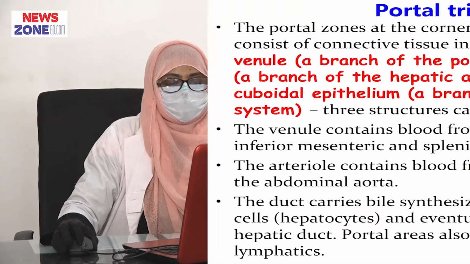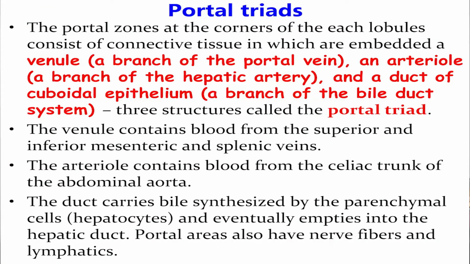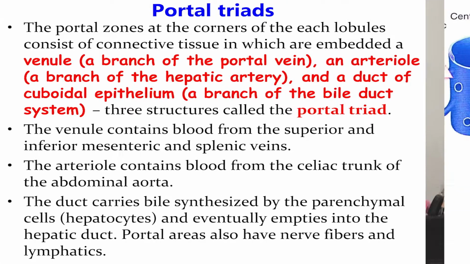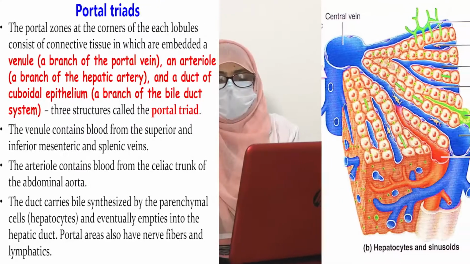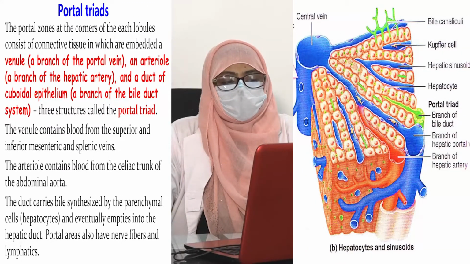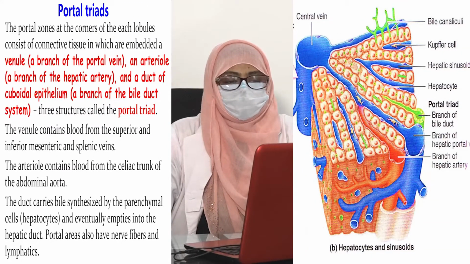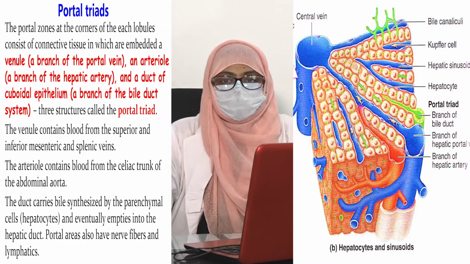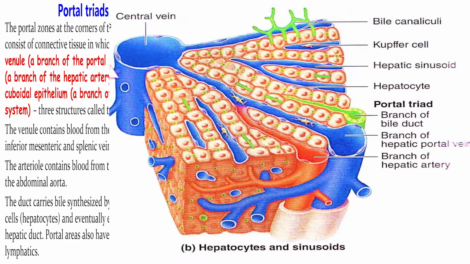The spaces between the laminae are known as hepatic lacunae, which are occupied by the hepatic sinusoids. Portal triads. What is the portal triad? The portal zone at the corner of each lobule consists of connective tissue in which are embedded a venule, an arteriole, and a duct of cuboidal epithelium. These three structures together are called the portal triad.